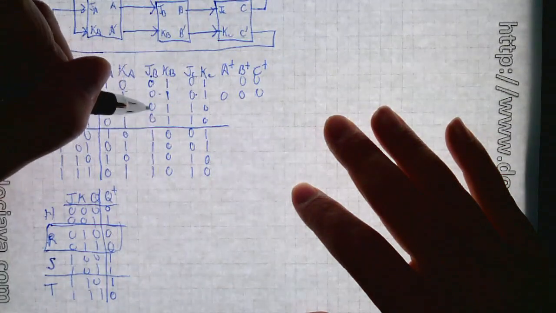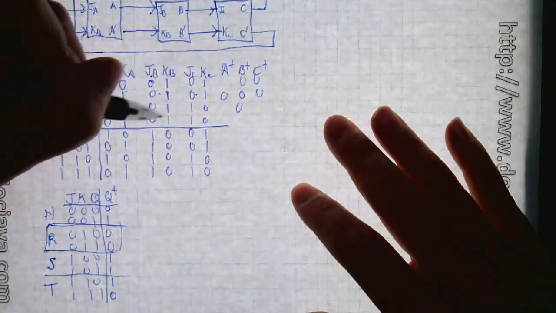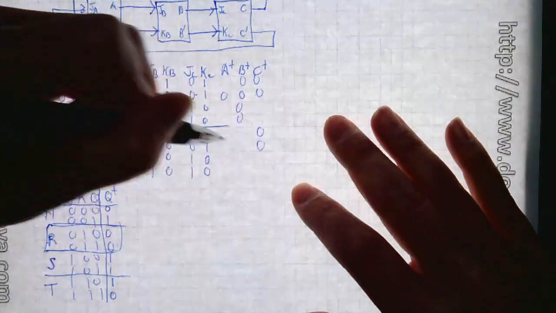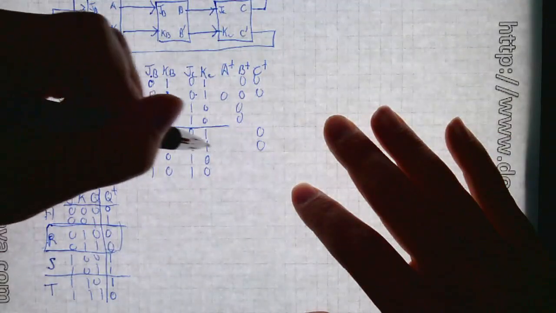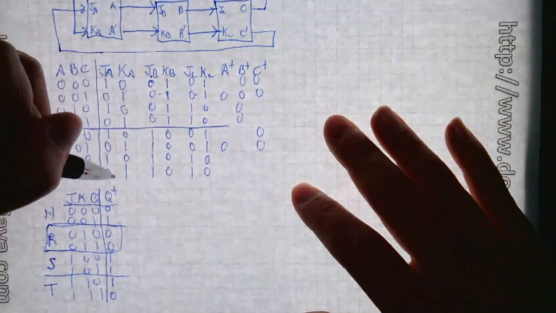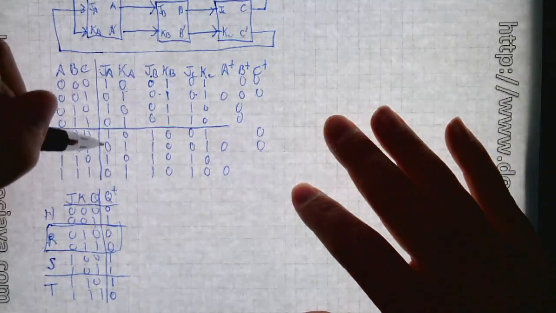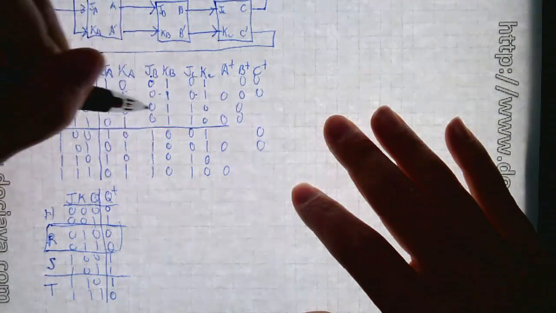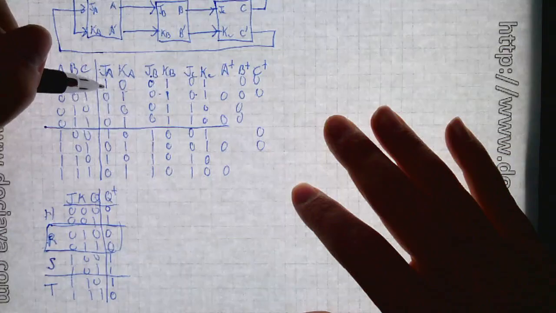So I see 0, 1 is here, and here, and here, and here, and here, and here. Anywhere else I see 0, 1? Yeah, right over here. And that's it. All the rest are equal to 1, 0.